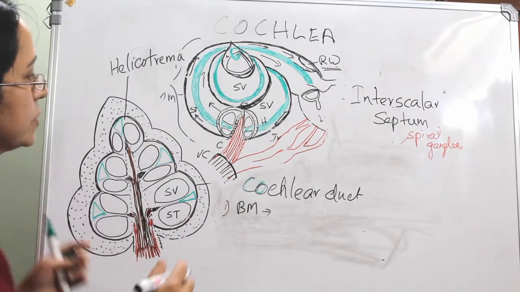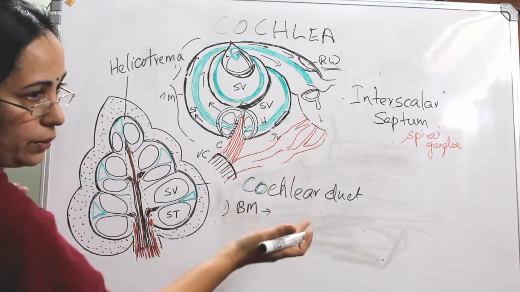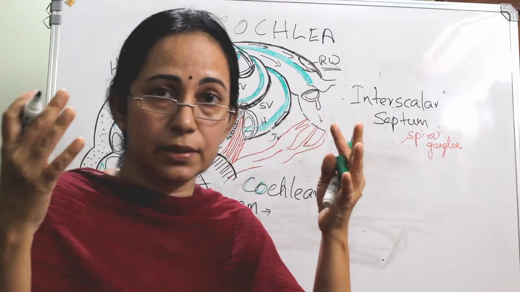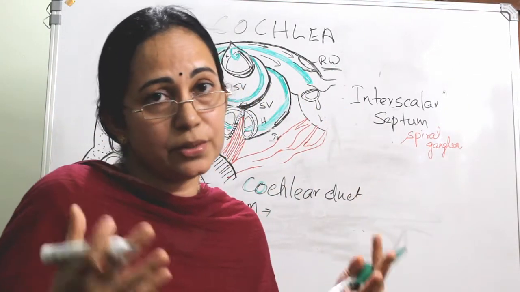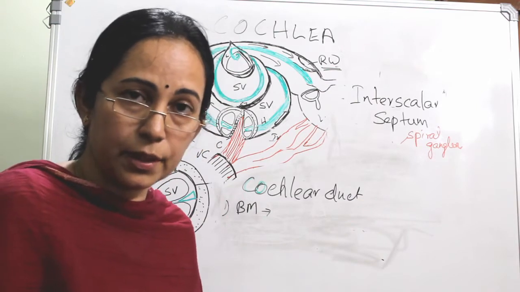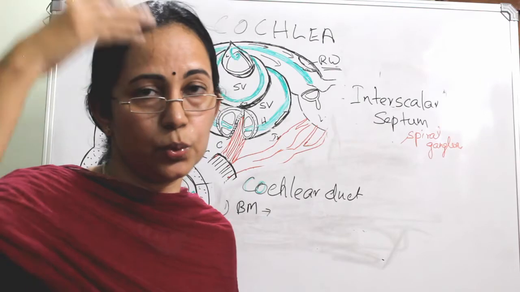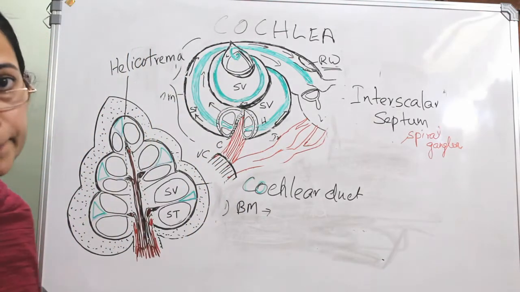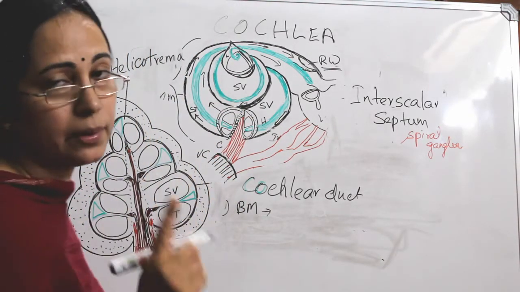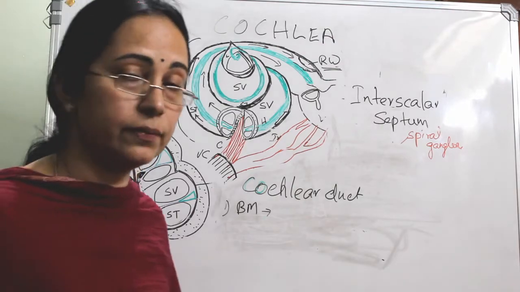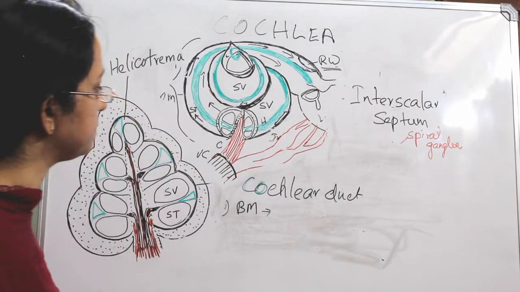Remember, higher frequencies carry more weight, so they lie down on the basal coil, and the lighter, lower frequencies go up and reach the apex. That is very important along with the physiology of hearing.